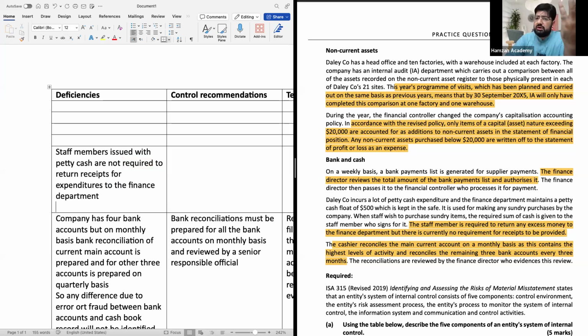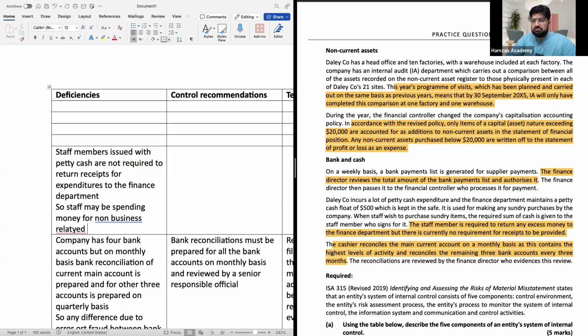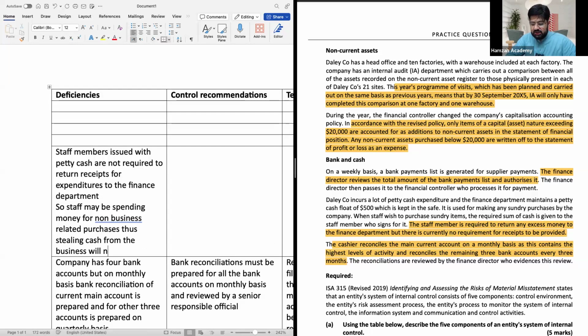This is the weakness. Now, what can go wrong in the company or in the financial statements because of it? Staff may be spending money on non-business related purchases, thus stealing cash from the business will not be identified.